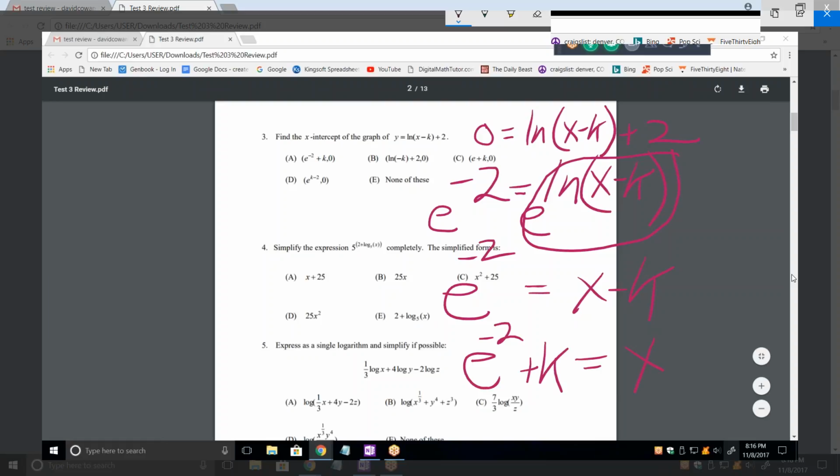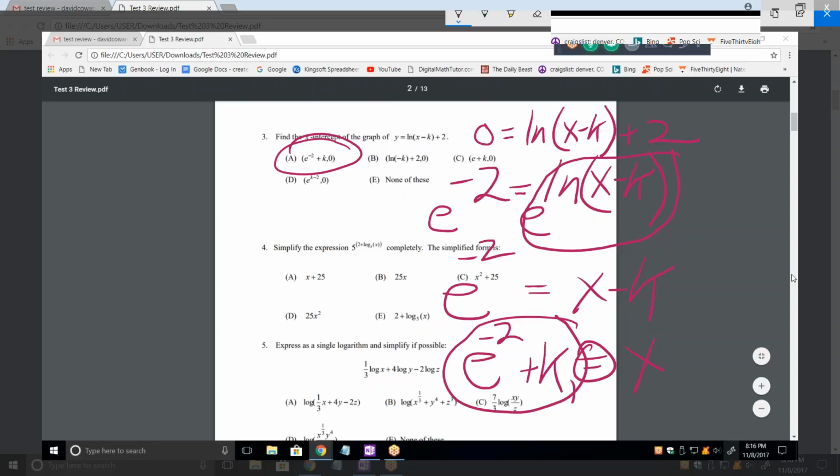So when I look for the x-intercept, it's going to be that comma 0. Right there. Is there anything about that solution you don't understand? No. Okay.